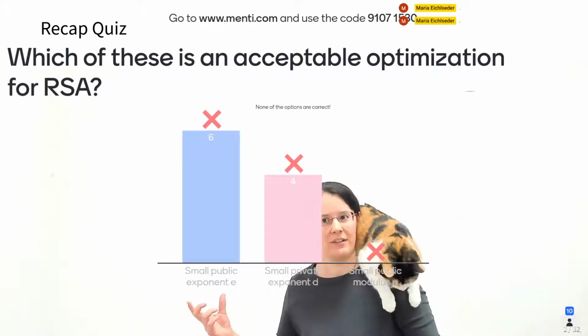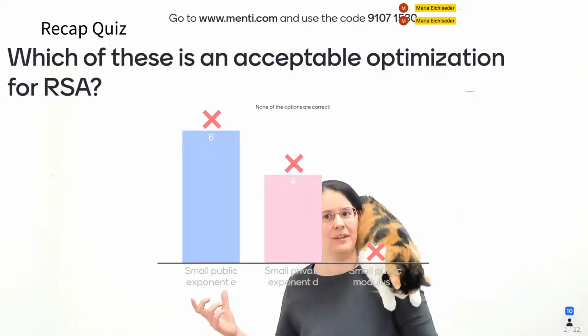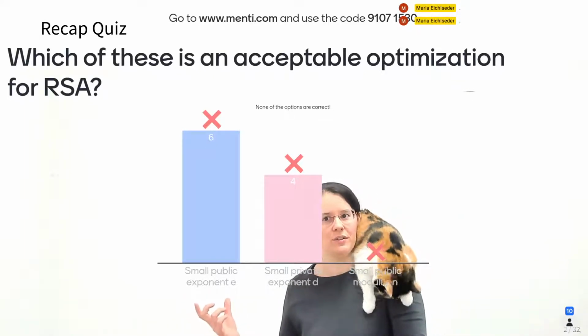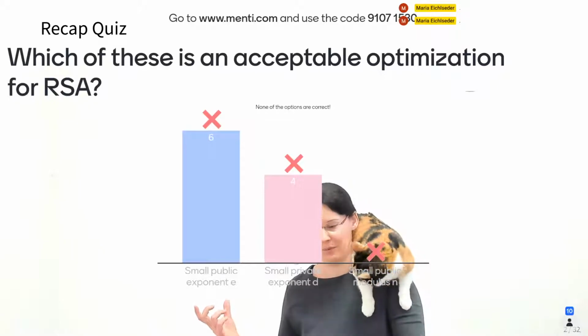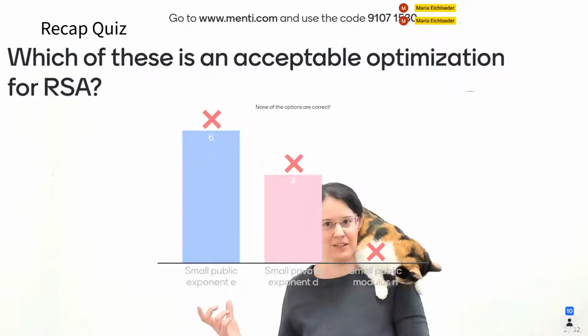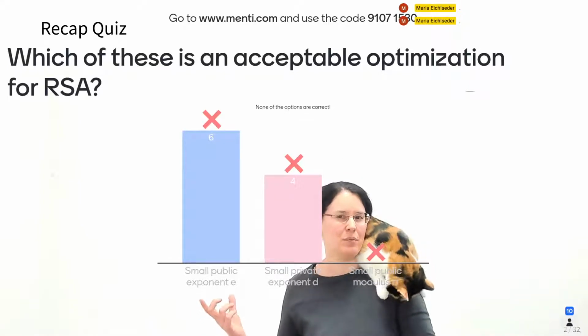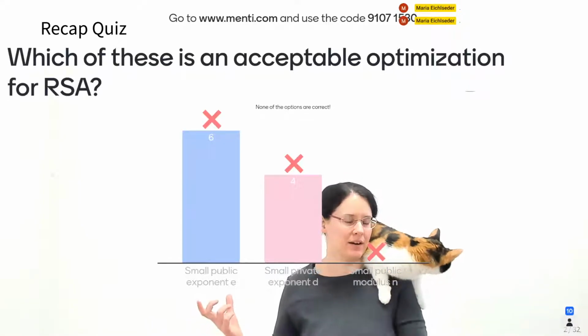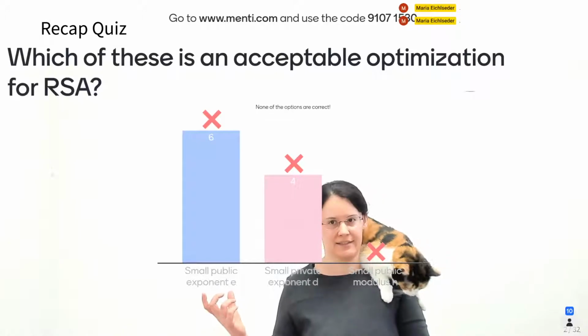And finally, this one is very popular, and it's actually a reasonably good idea. So if you use a very small public exponent, there are no major problems associated with this. We did see some potential minor problems in the exercises last term.